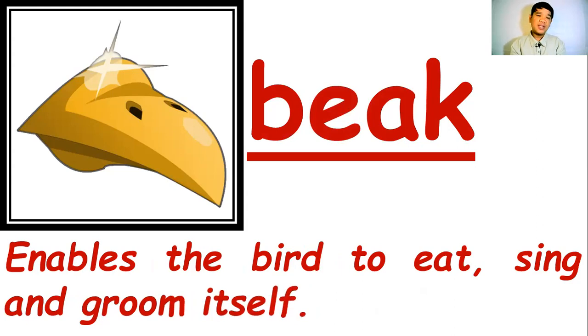Okay, so as you can see, sometimes the bird is trying to fix itself because it is trying to groom itself. So the beak enables the bird to eat, sing, and groom itself. Sometimes there are some birds who are able to sing actually.